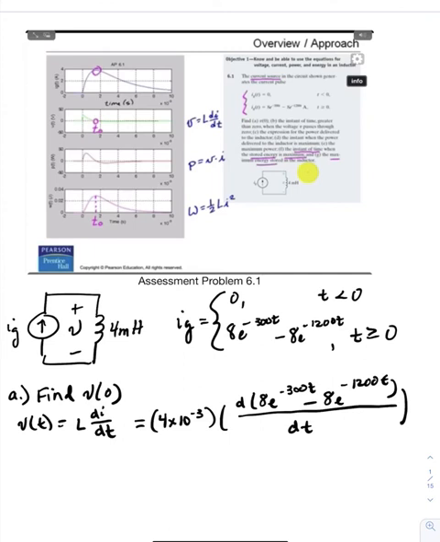So V of t is equal to 4 times 10 to the minus 3 times 8 times minus 300 e to the minus 300t plus 1200 e to the minus 1200t.